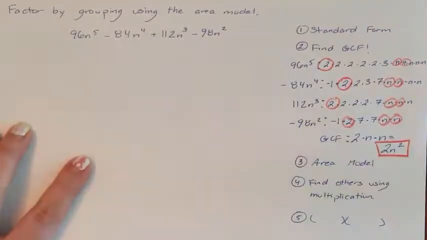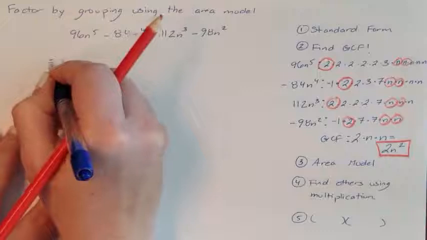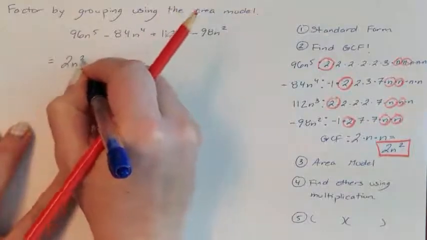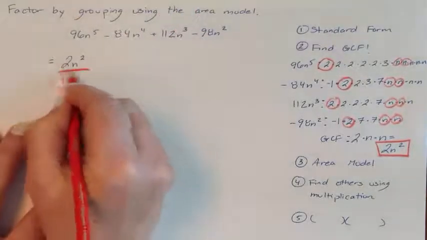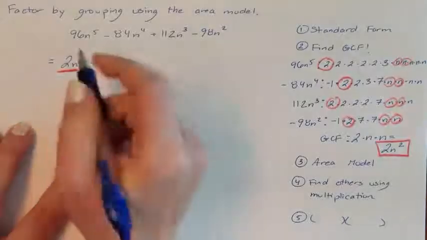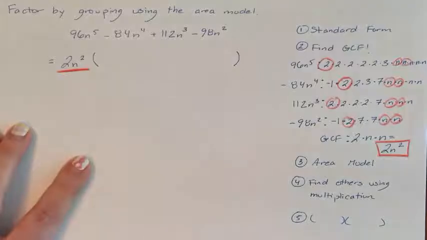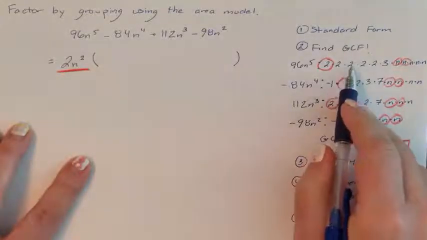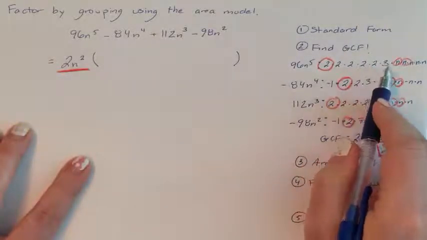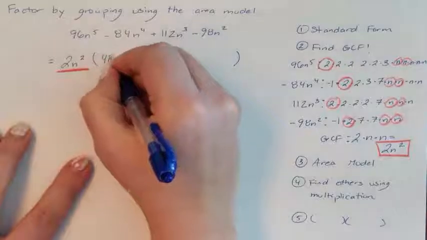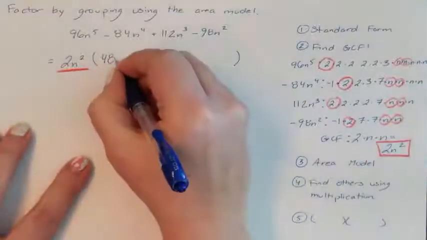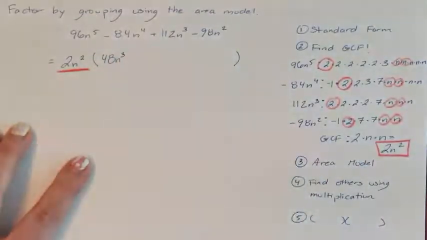If this is my GCF, that means when I come over here, I need to write that I took out a 2n squared, and then I need to make sure that I write what was left over in all of the lists so I don't forget anything. So 2 times 2 times 2 times 2 times 3 is going to be a 48, and then don't forget the 3n still here, so this is 48n to the third.